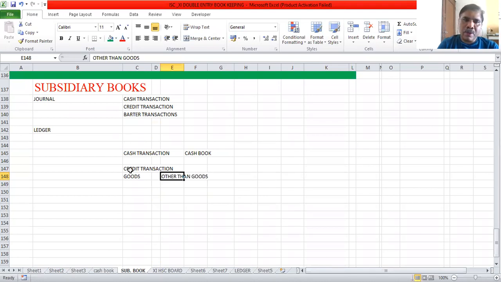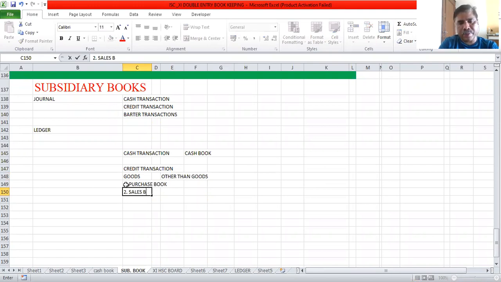So for credit transactions of goods, what books are maintained? For purchase of goods, they maintain the purchase book. For sales, they maintain the sales book.